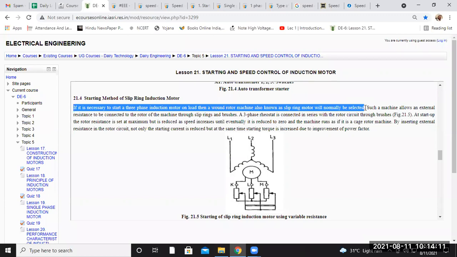That means if the load is already provided and you want to start the induction machine, you will use the slip ring induction motor starting method. Such a machine allows an external resistance. So these resistances are connected in series.